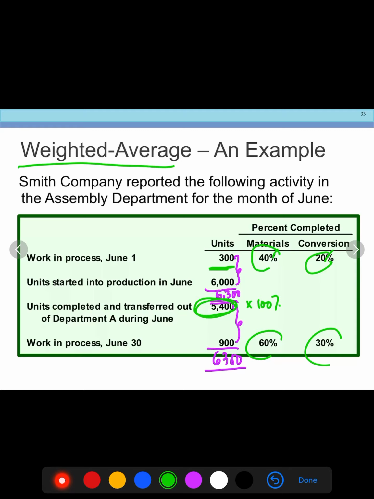But if you follow the FIFO method, you have to know that this 5,400 is actually 300 and 5,100, which means that 300 is from the beginning in process and 5,100 is from what started in production in June.